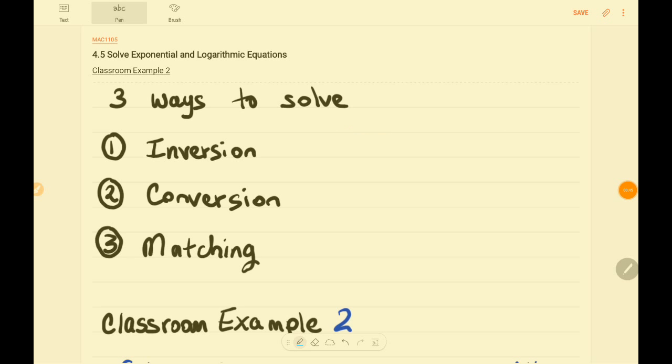Alright, so those properties are properties of logs, such as the product rule. I'm not going to write their names, I'm just going to write out the property itself.